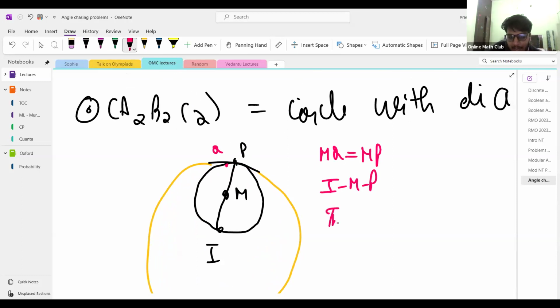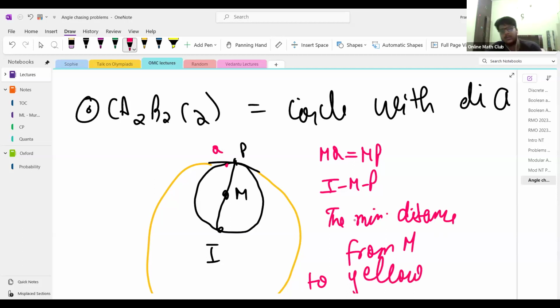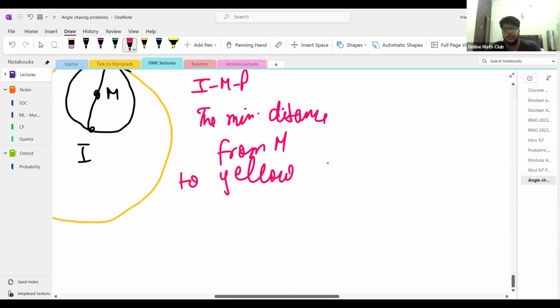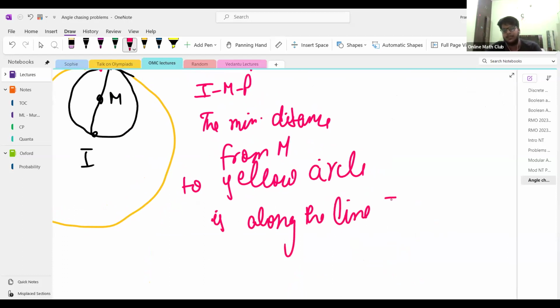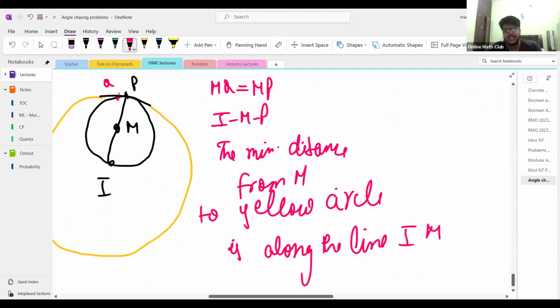The minimum distance from M to the yellow circle is along the line IM, which is MP.